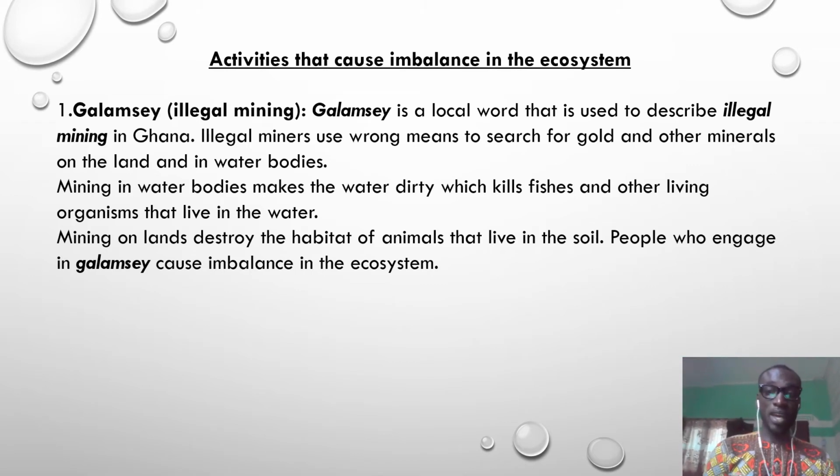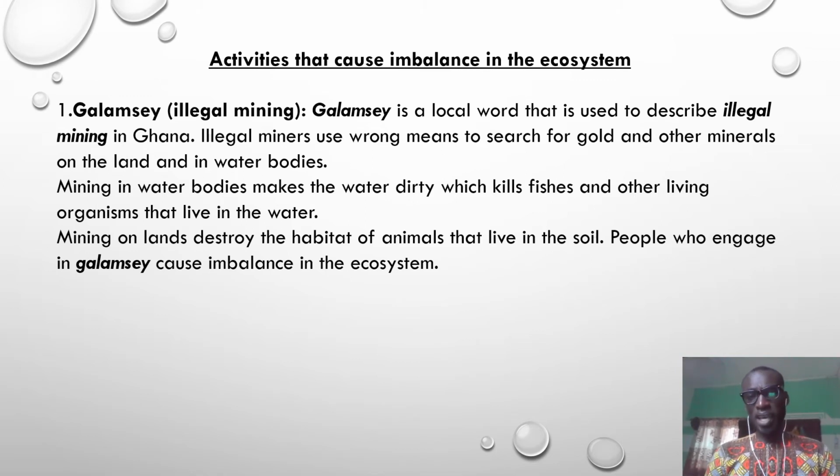So one, we have galamsey, or what we normally call illegal mining. That is one of the activities that cause imbalance in the ecosystem. Galamsey, which is also known as illegal mining.